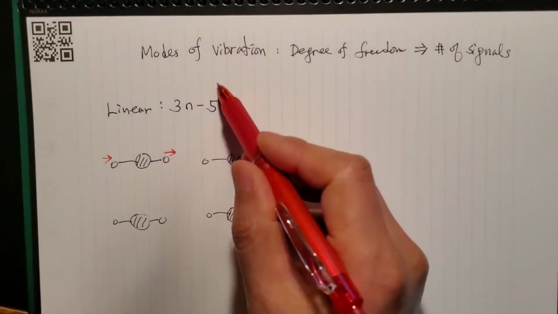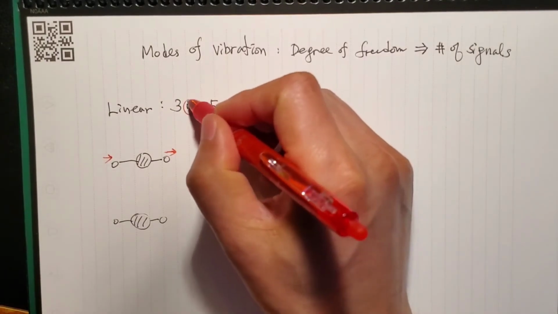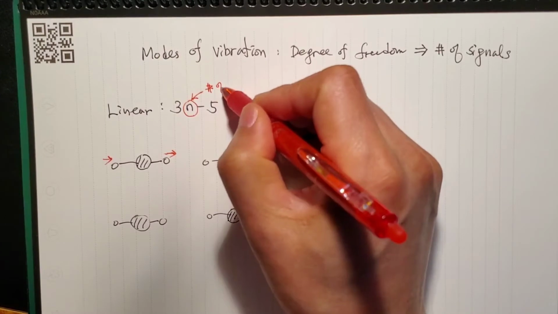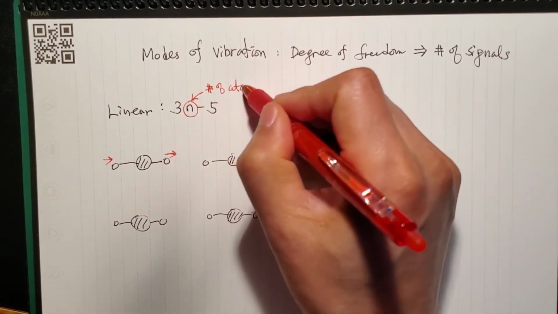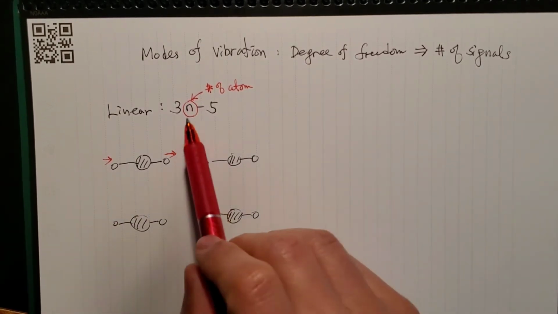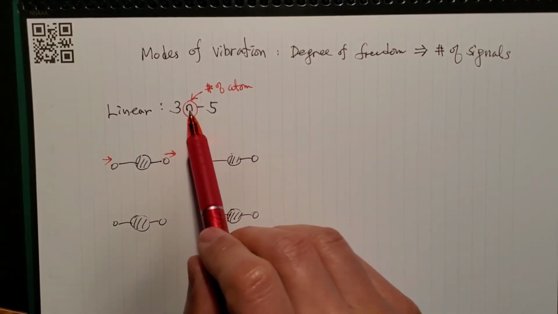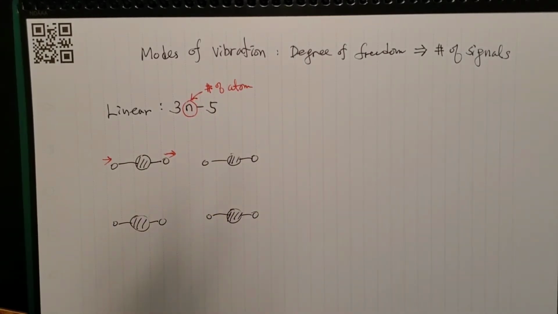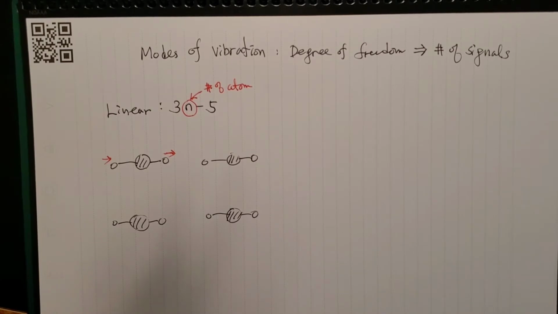When you use the formula, this letter N represents how many atoms you have in the molecule. So when you have 3 atoms, you plug in 3 times 3, 9, minus 5 equals 4. So you have 4 different modes. So let's figure out how they vibrate.